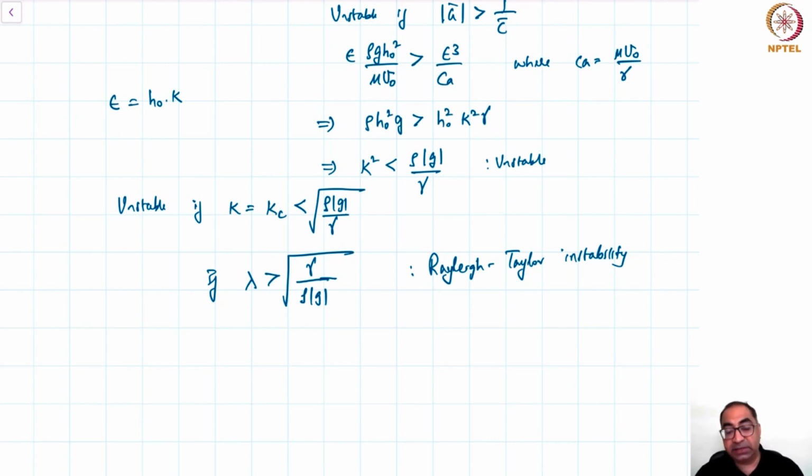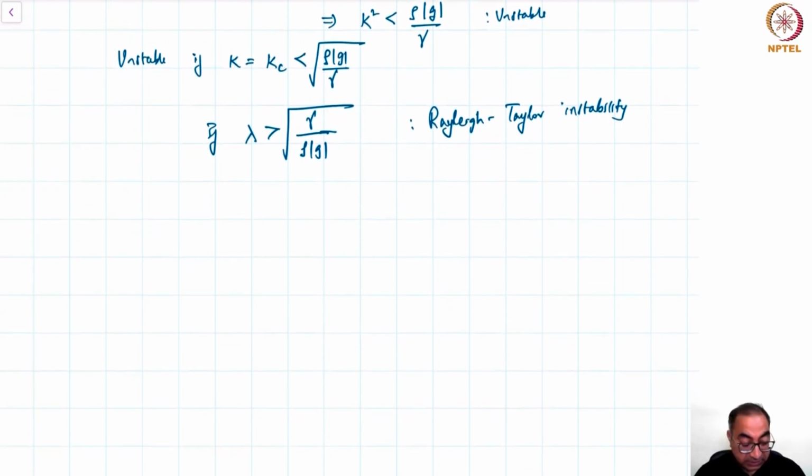There is a finite container which can limit the range of wavelengths that are possible, because you cannot have a wavelength which is larger than the size of the container. In such cases, we can come up with a stability criterion in terms of the size of the container. We will do this in a short lecture after this. So with this, I'll stop the discussion on this.